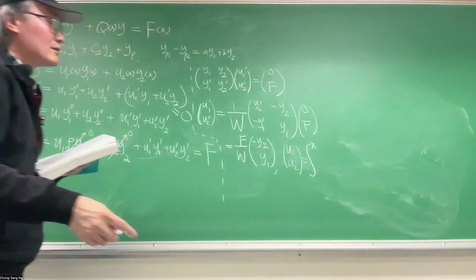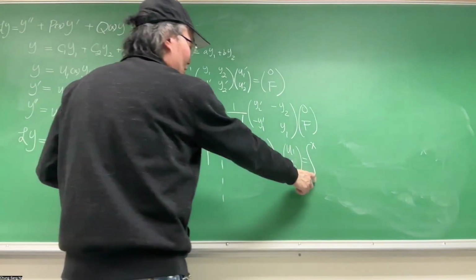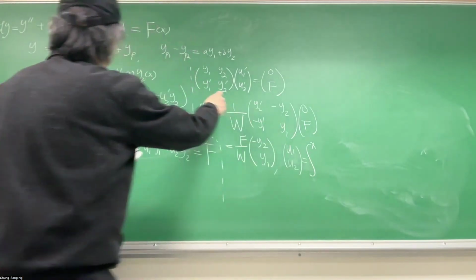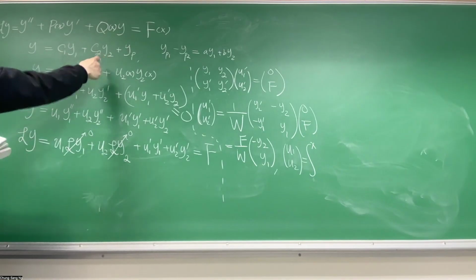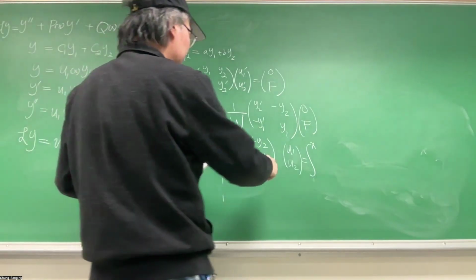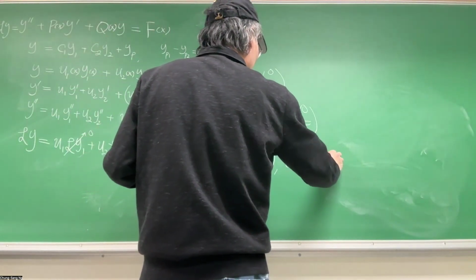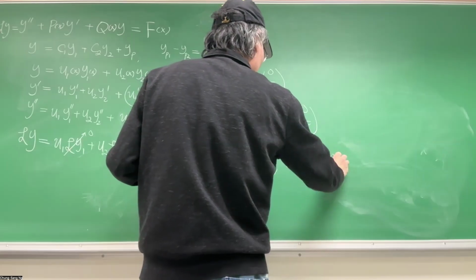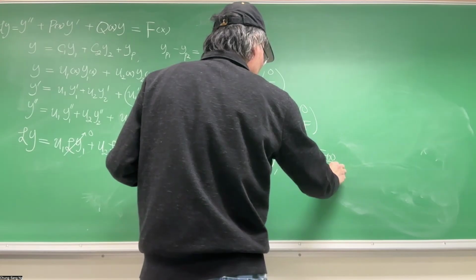The lower limit is unspecified because if you change the lower limit, what you do is just getting more homogeneous solution, right? Your f is not changing, the W. And the Wronskian, you already have a solution.